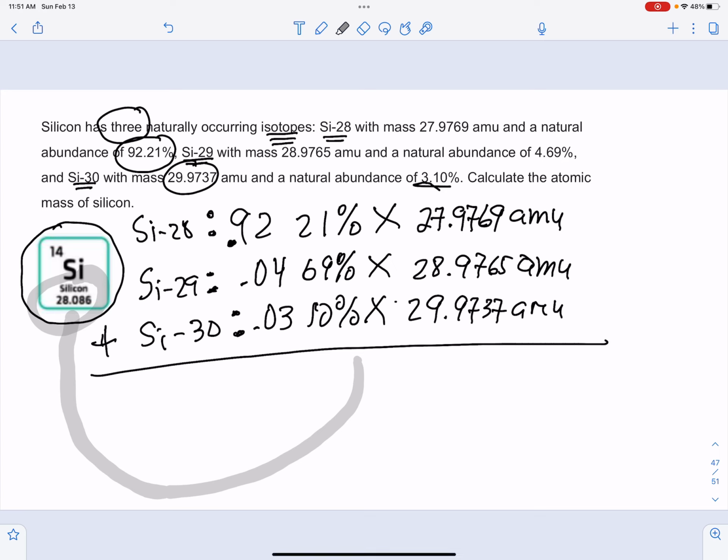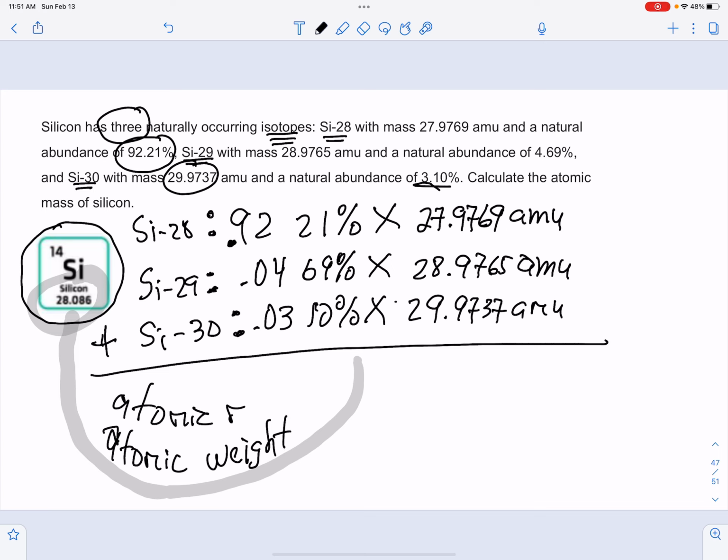So that's how we find the atomic weight, also called the atomic mass. The atomic weight or the atomic mass is found by using the masses of each isotope combined together based on the percent which we find in nature.